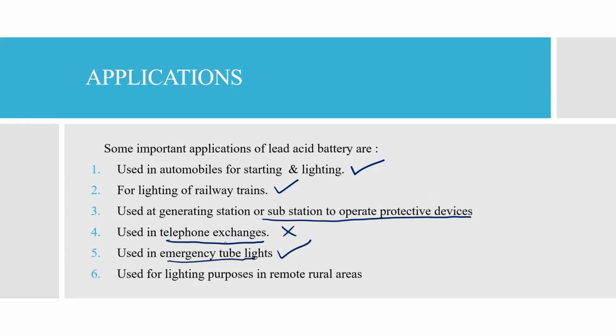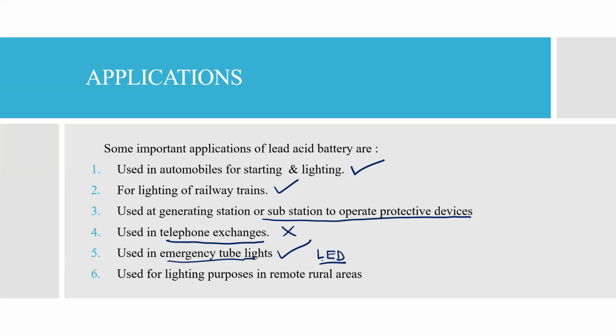Yeah, so sometimes we have those emergency lights. Okay, so for emergency lights we use these lead acid batteries. Okay, and in fact, if you see street vendors around you, those street vendors are actually using lead acid battery for lighting purpose, for LED lighting purposes.